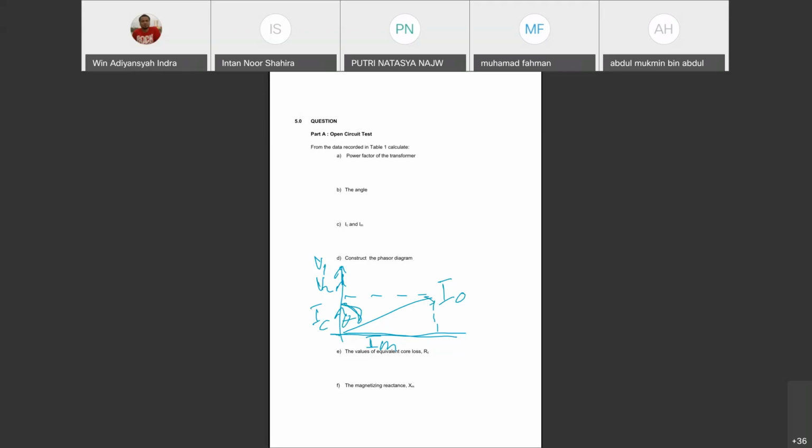Next, the value of the equivalent core loss. So basically it's asking for this one.